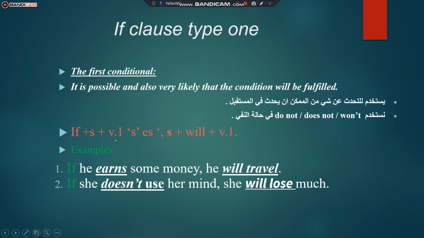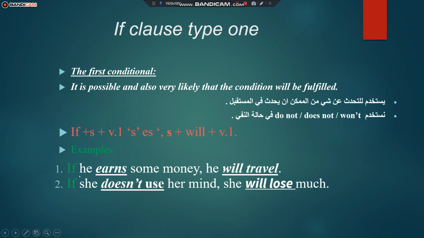If plus subject plus verb 1. If a subject is singular, we have to add s or es to the verb. Okay? If a subject is plural, we cannot add s or es to the verb. With the main clause: subject plus will plus verb, base form of a verb.